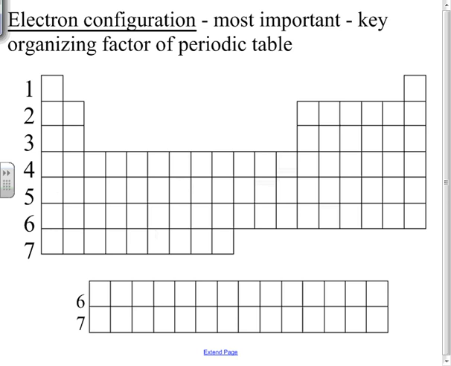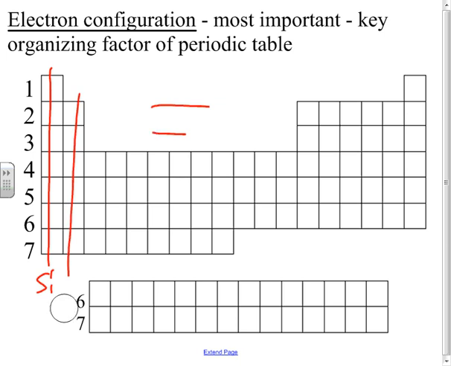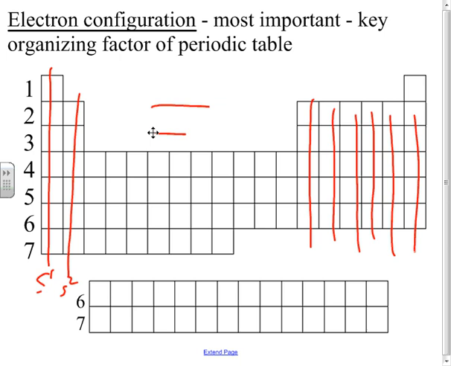Electron configuration is probably the most important key organizing factor of the periodic table. We have these big gaps in the periodic table because it's arranged so that all those in the first period end in s1, all those in the second period end in s2, and then here's the p block. All these are p1, p2, p3, p4, p5, p6.